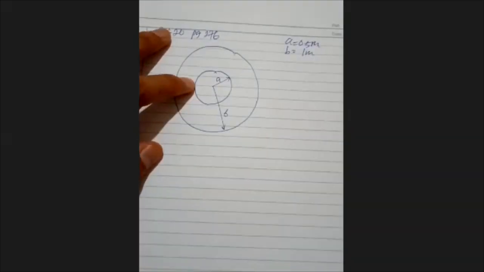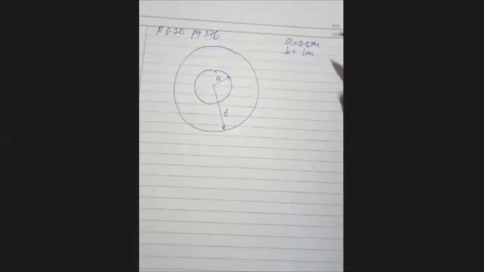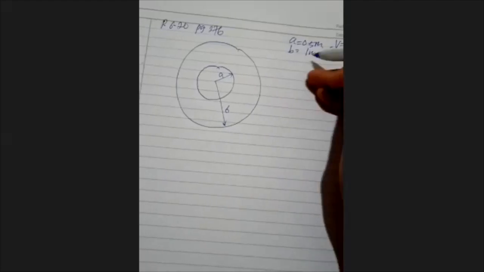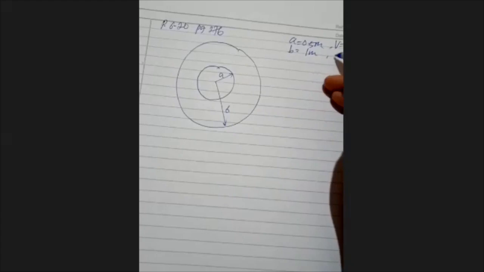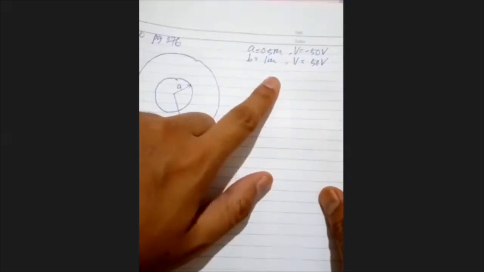At r equal to 0.5 meter, V is minus 50 volt, and when r equal to 1 meter, the potential is given as 50 volt. Right, so that's your boundary conditions.